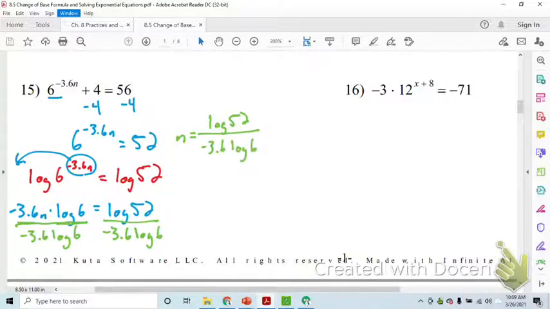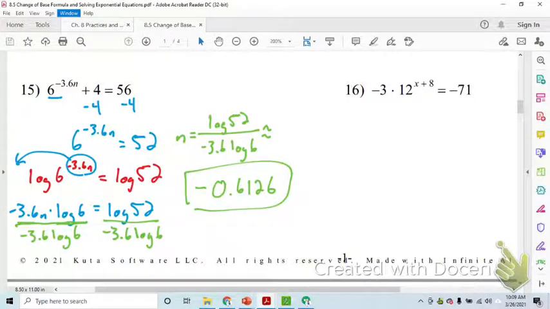Now, for some of you, that's going to be difficult to plug into your calculators, but others, it'll be fine. Either way, the approximate answer that you should get, and you got to get close to this, is negative 0.6126. That's the approximate answer that you should end up with.